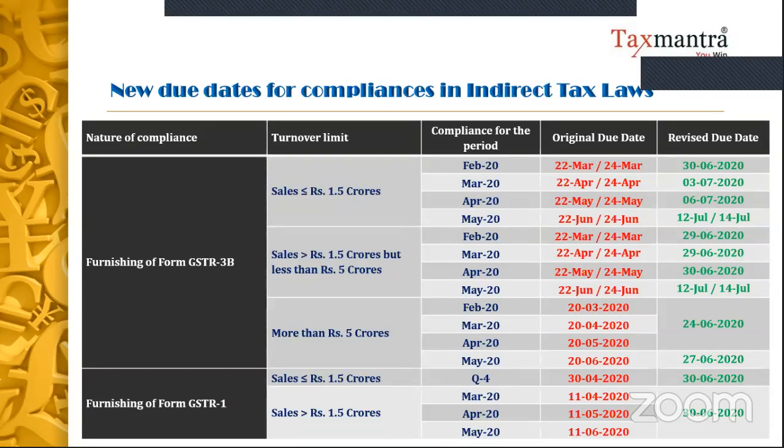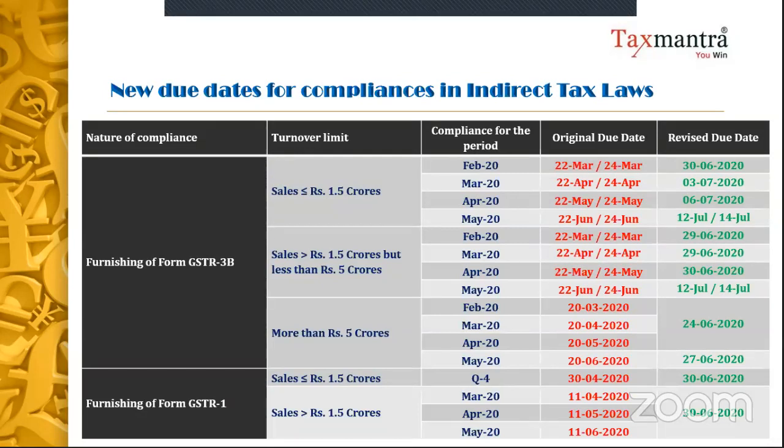For the month of March, I'm talking about the GST 3B filings, which are done mostly on a monthly basis, and whose turnover is less than 1.5 crore. If we're talking about GST return filing for the month of March 2020, the original due date was 22nd of April or 24th of April.